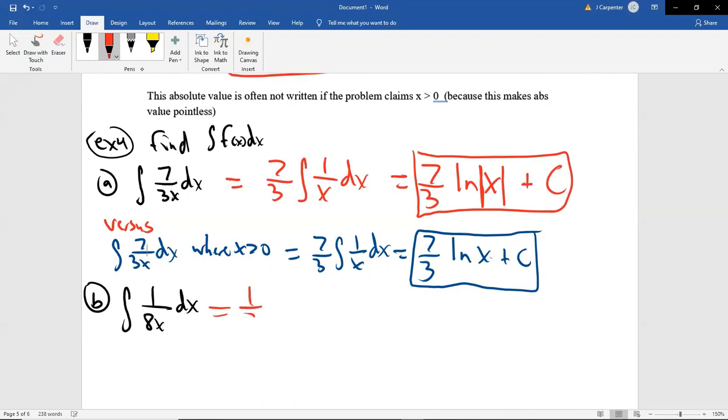You can do it this way and make your conclusion, or some people will just do it this way, 1/8 times 1/x dx. Some people take this extra step. That's fine. It's just extra work though, it's extra writing. That's not an x on the top, that's a 1.